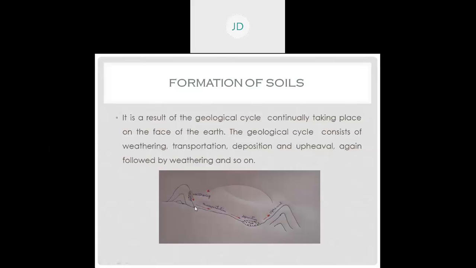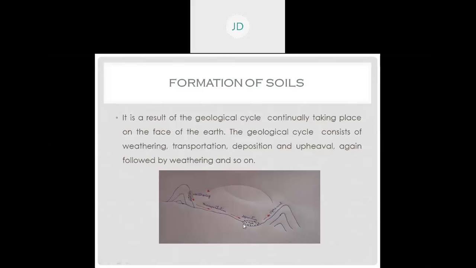So the soil which is not transported by any agency or transport mode and remains nearby the parent rock is known as residual soil. And the soil which is transported by any transportation mode from the source parent rock to a new position is known as transported soil. Clear?